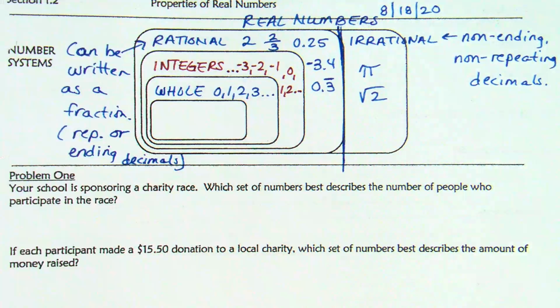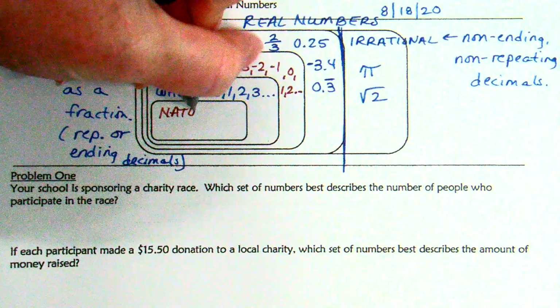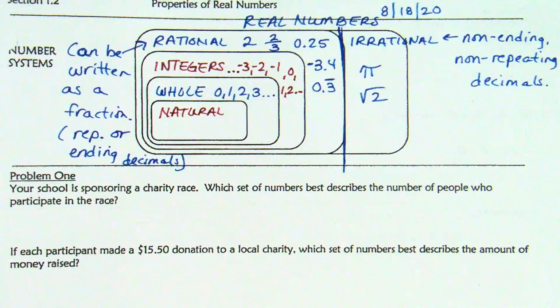And we've got one more subcategory, very similar to whole, but it is called the natural numbers. Any thoughts there? Very similar, there's only one difference. Not 0. Okay?